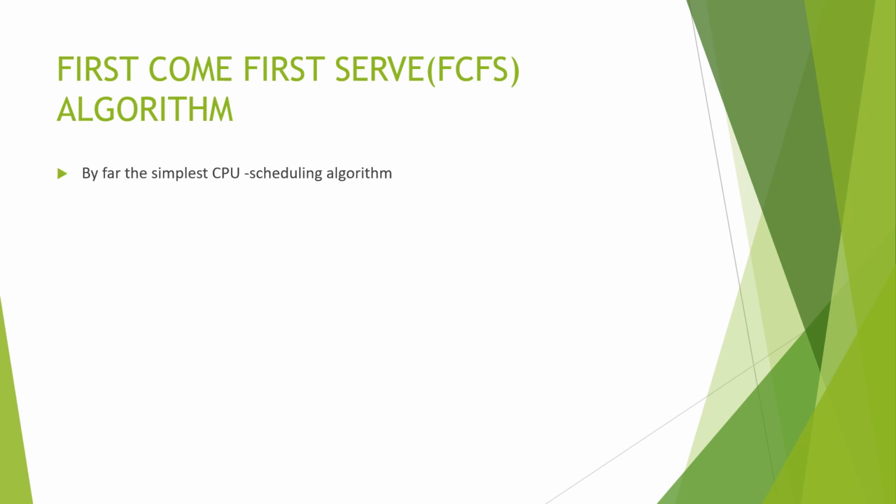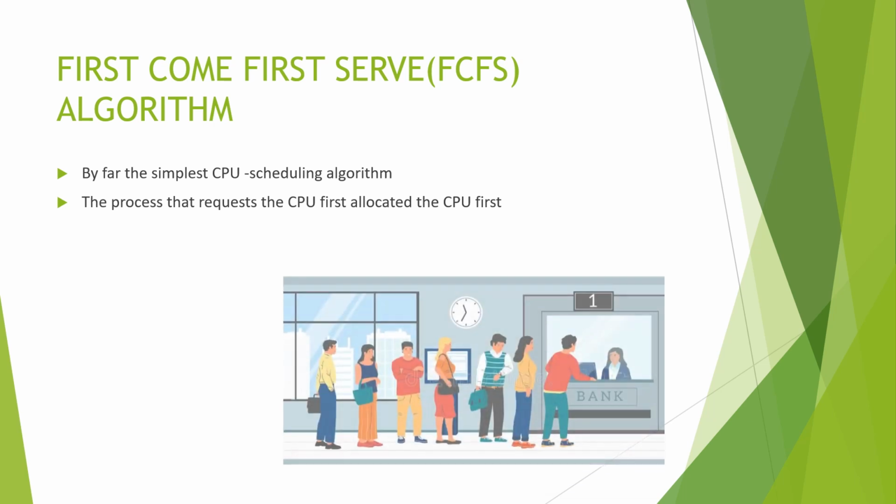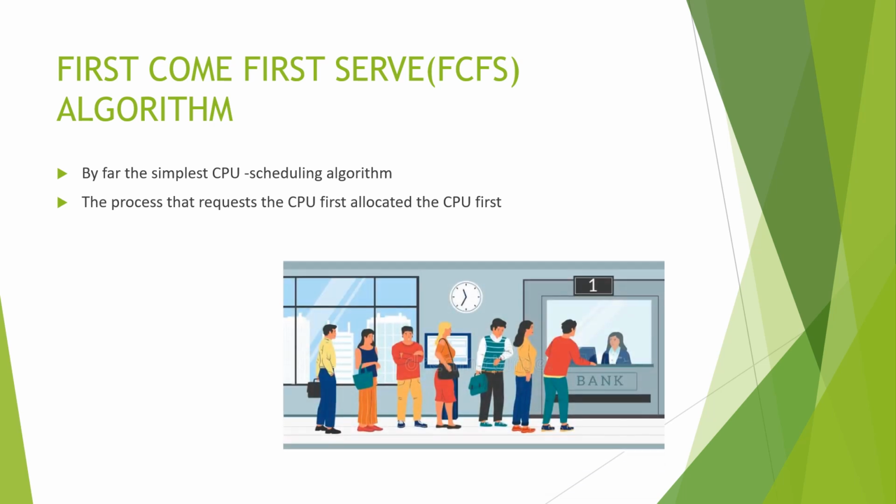By far the simplest CPU scheduling algorithm, the process that requests the CPU first is allocated the CPU first. Just like in a bank, the first customer will be the first one to get served, and the rest will have to queue up behind the first customer.